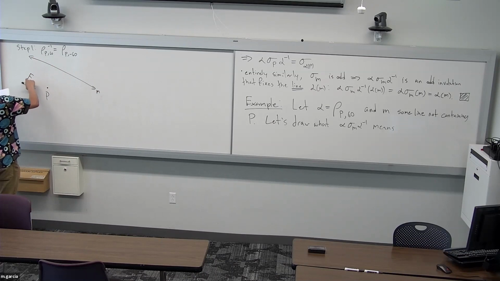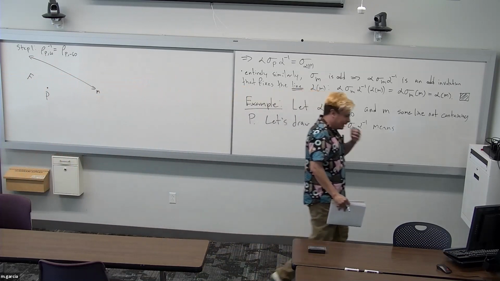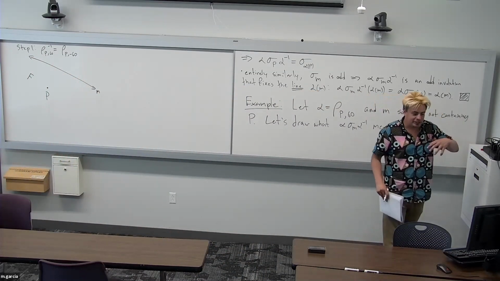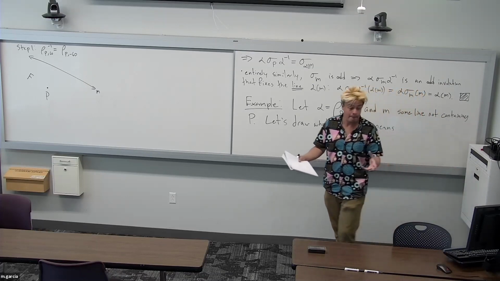Why do I choose the letter F? Just because it's pretty asymmetric, right? So when I do an operation on it, it'll be kind of easier to see what happened. Okay?